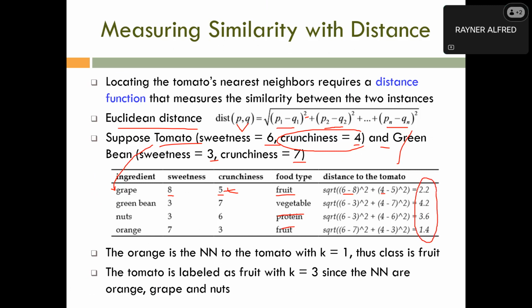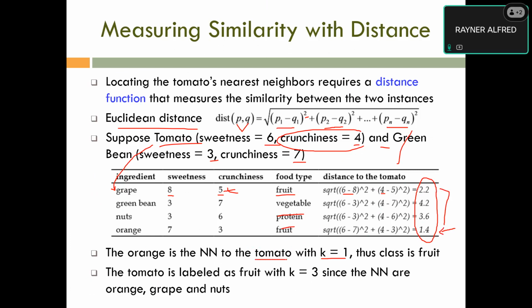Any question? Based on this calculation, if you use K equal to 1, the nearest one is this one, so that means the tomato belongs to fruits.